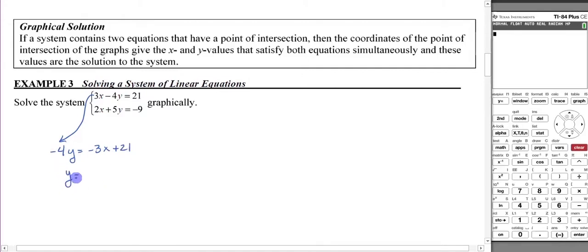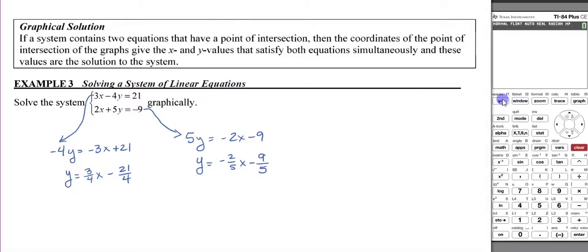I have y equals 3/4 x minus 21/4. And putting this into y equals form, I'm going to have y equals a negative 2/5 x minus 9/5.